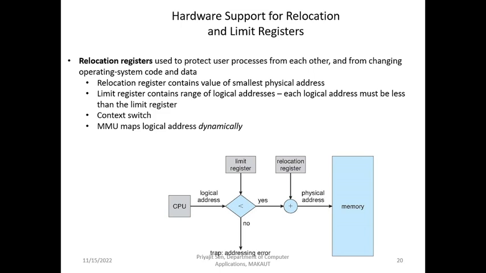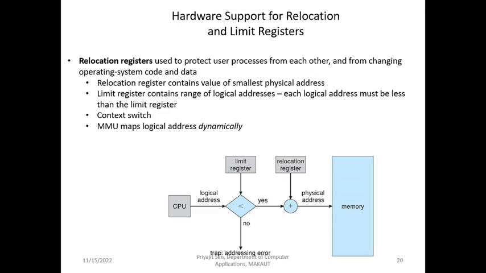So what we are doing here is protecting the user processes, or preventing changes to the operating system code and data. In that case this relocation register is required, where the relocation register will contain the smallest physical address, and the limit register will contain the range of logical addresses.